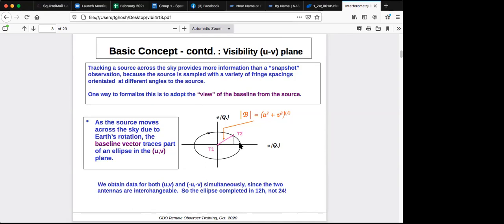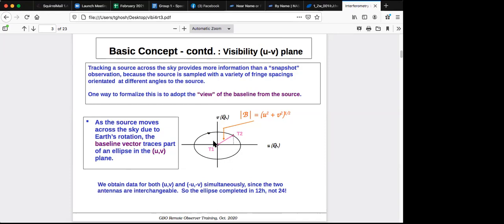As the source is tracked and the earth rotates, the baseline vector makes this ellipse, and the two components of that along north-south and east-west are called U and V. These UV tracks make your UV coverage.